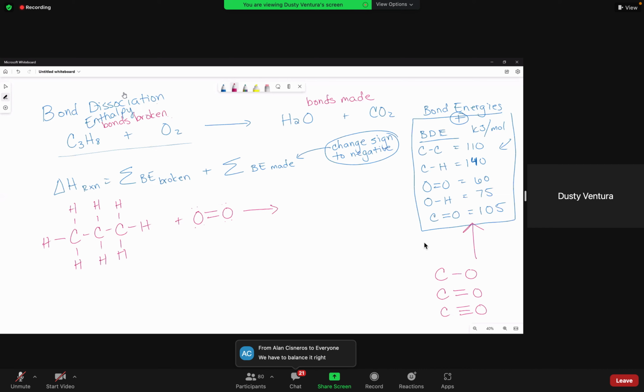Yeah, we have to balance it. Yep. And that's going to be kind of ugly because this is a combustion reaction. So here's our OH. And then I've got CO2. So if you suck at Lewis structure, here's what you do. Look at what he's given you.